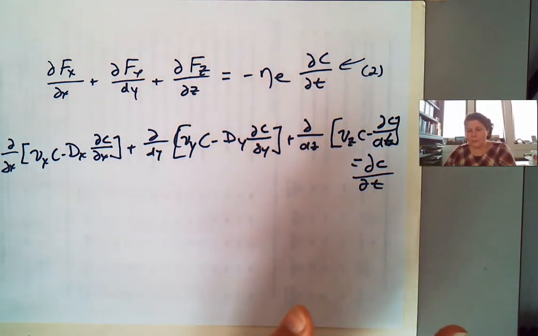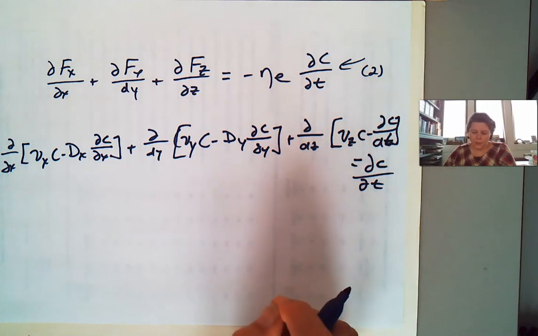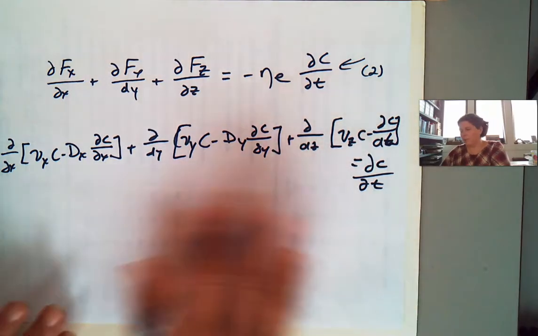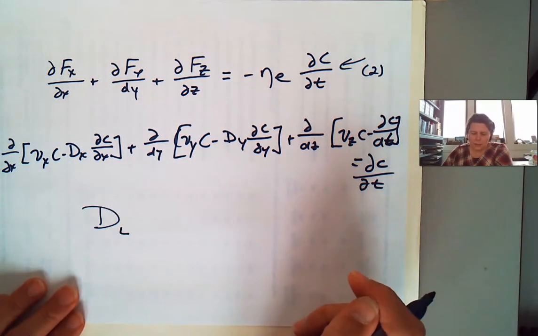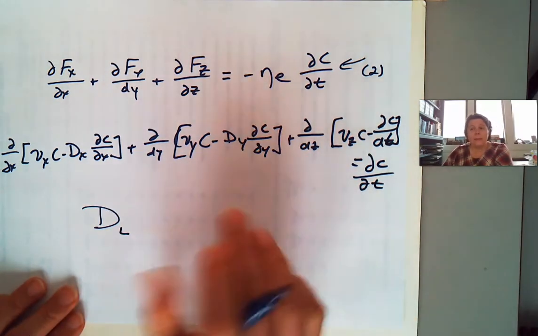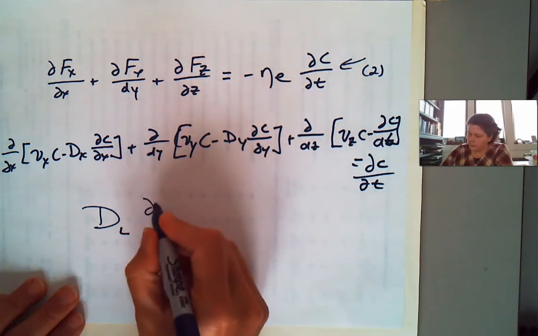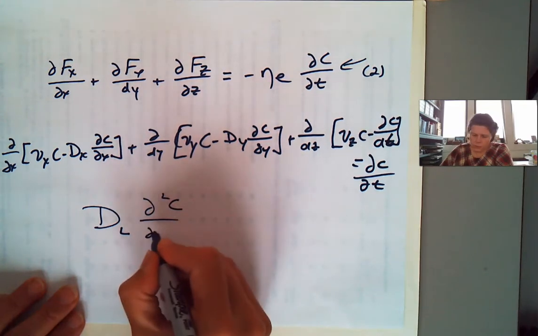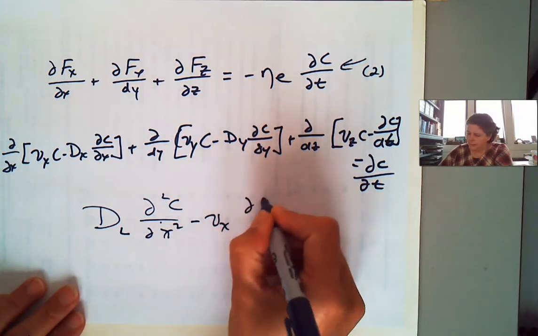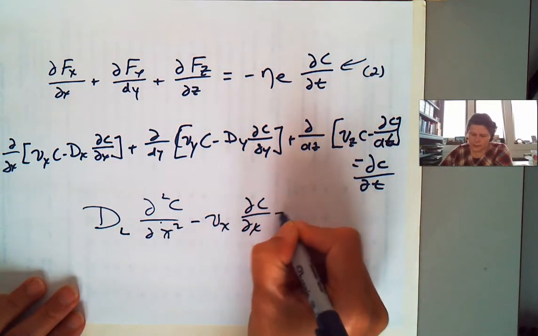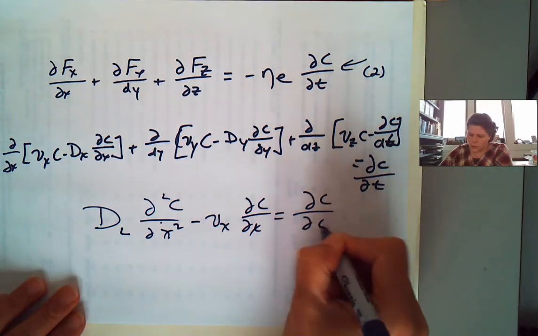And if we're dealing with one dimension, this whole equation simplifies to D_L, our hydrodynamic dispersion in one dimension, times the second derivative of concentration, minus the velocity times the change in concentration over the change in x, equals the change in concentration over the change in time.